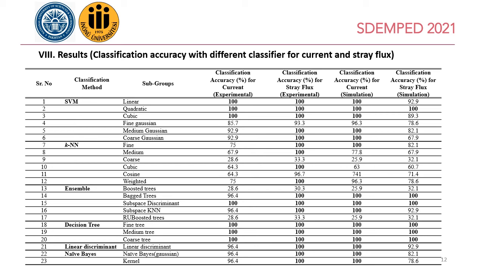Some classifiers like coarse KNN give an accuracy of 28% and ensemble boosted tree shows 28%, but these classifiers show greater accuracy for the leakage flux. From this table, it can be observed that the stray flux provides better accuracy in comparison to the stator current for most of these classification methods.